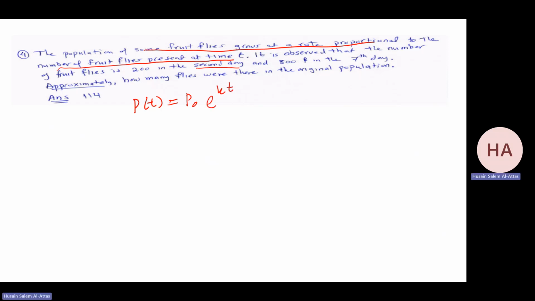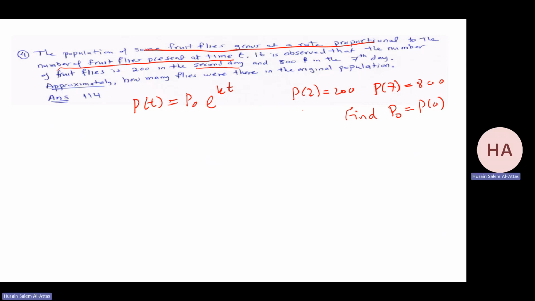Because t equals 0, it's P0. He said P at 2 is 200. P at 7 is 800. How many flies were there in the original? Find P0, which is P at 0.